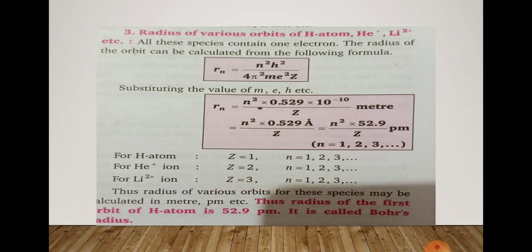So you can see that the radii of various orbits of these species may be calculated in meter, pm, angstrom, etc. Thus, the radius of the first orbit of the hydrogen atom is 52.9 pm, and it is called Bohr's radius.